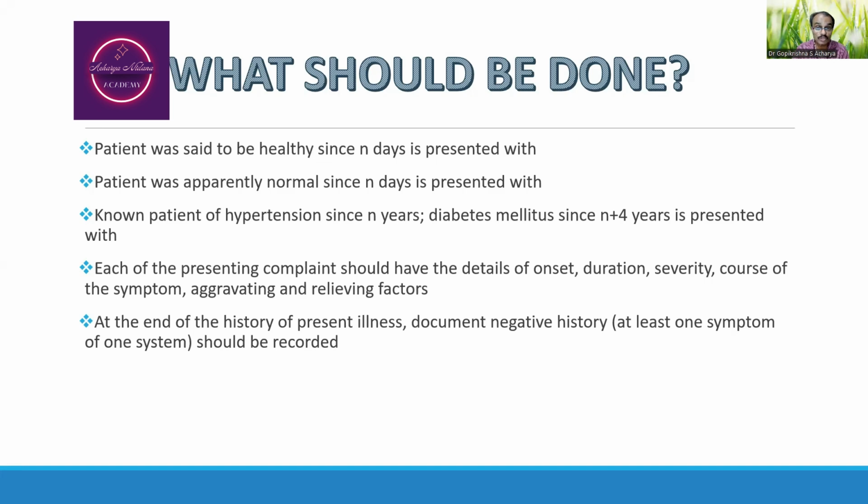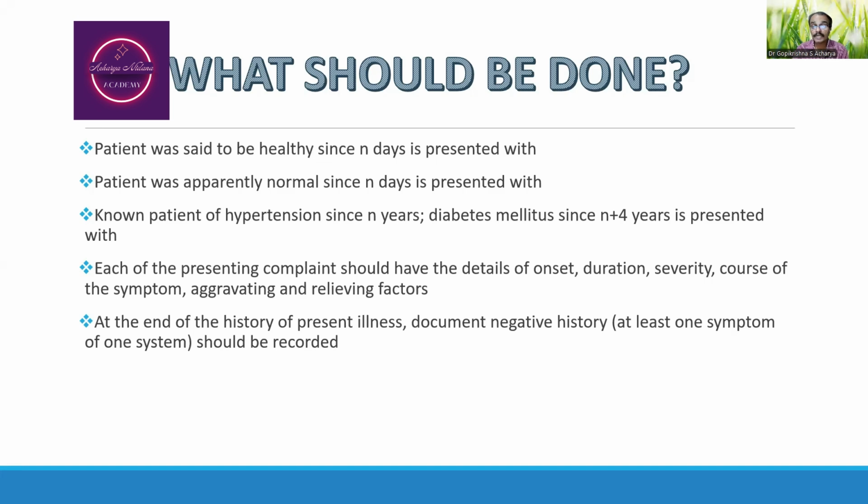Absence of dysuria or burning micturition rules out the presence of urinary system dysfunction, or the absence of joint pain rules out the presence of musculoskeletal dysfunction, or absence of sensory symptoms or reduced strength rules out the diagnosis of neurological diseases.